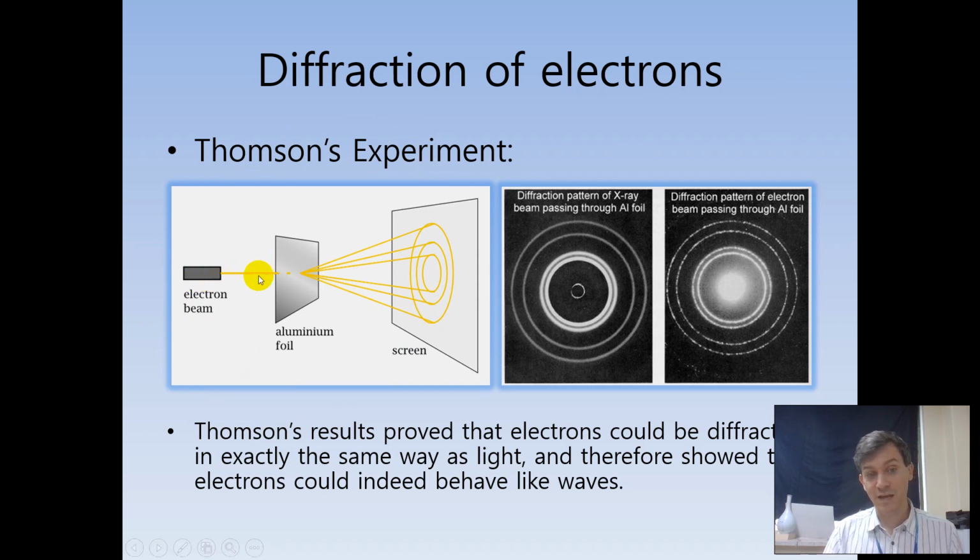You pass a beam of electrons through a very thin foil, which acts like a diffraction grating, and you find that when you look at where the electrons arrive at the screen on the other side of the foil, you see these circular patterns which can be easily understood as a diffraction effect if you model the electrons as being waves. Okay. So this is evidence that electrons sometimes behave similar to classical waves.